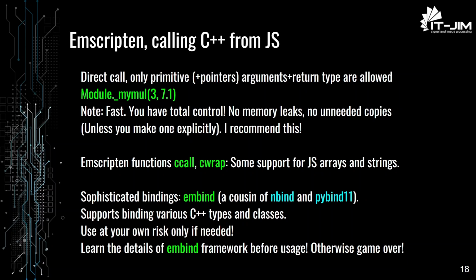But for people who want a higher-level interface, there is a function called ccall of Emscripten, which gives a slightly higher-level interface with some support for JavaScript arrays and strings, usually with copying. And there is an even more sophisticated binding called embind, which is similar to nbind of Node.js and pybind11 of Python, which can wrap various C++ types and even classes, but use it at your own risk. It's easy to make mistakes like memory leaks when doing such things. I'm not really sure, so learn the details if you want to use it. Next slide, please.